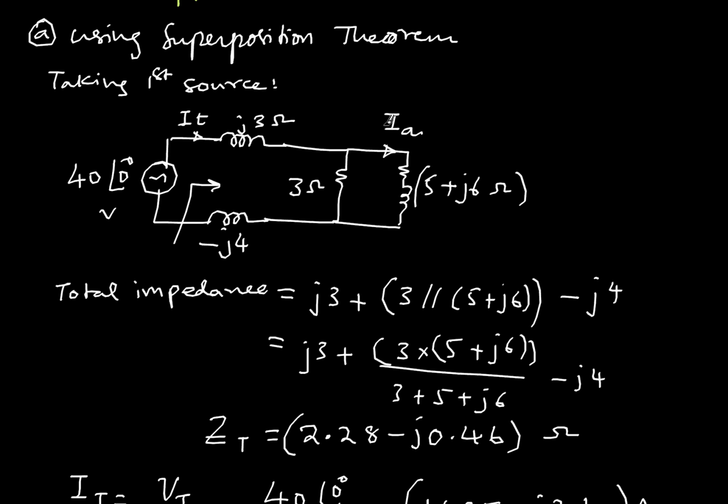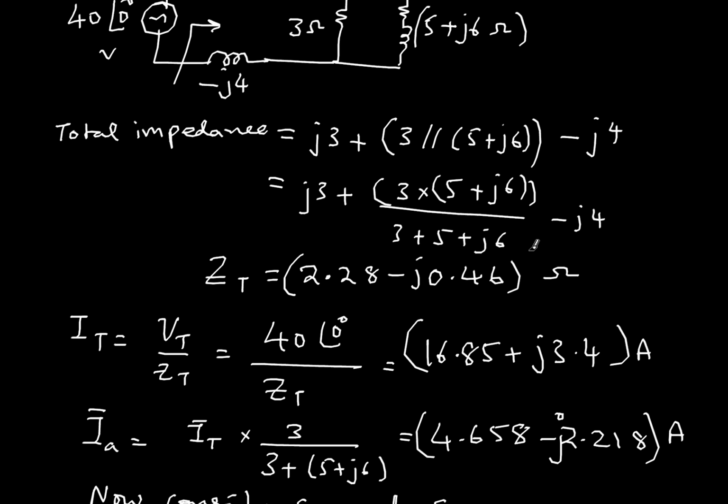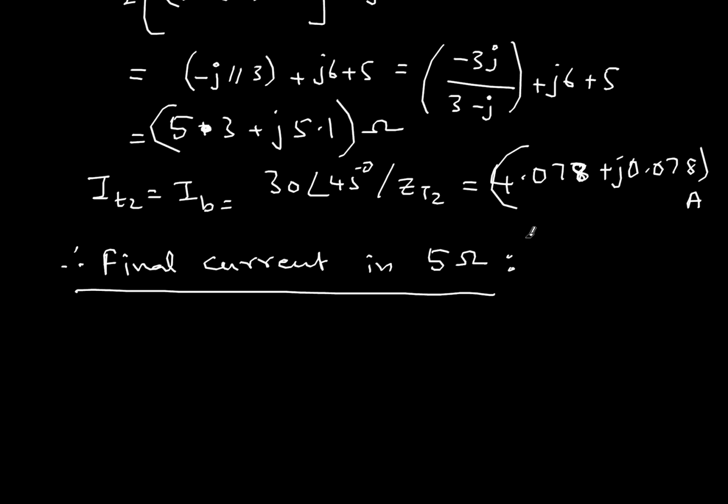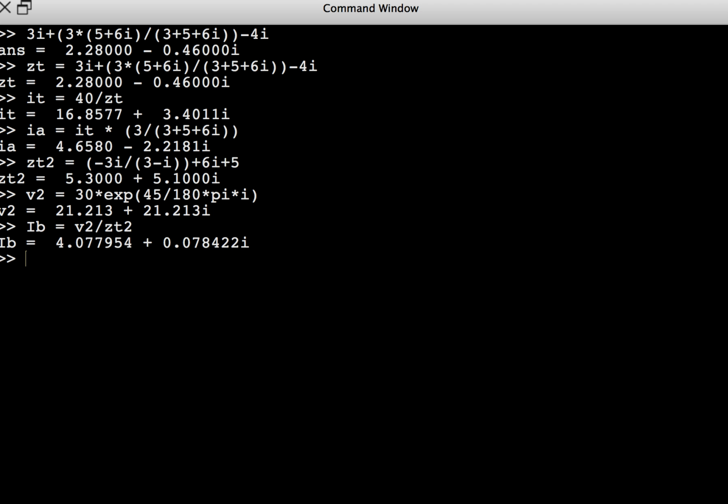So I have to just take the resultant current as IA minus IB. I already have them stored in the variables here, so I'll just use IA minus IB. I should use capital IB.